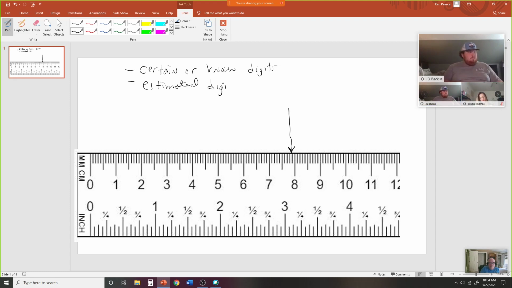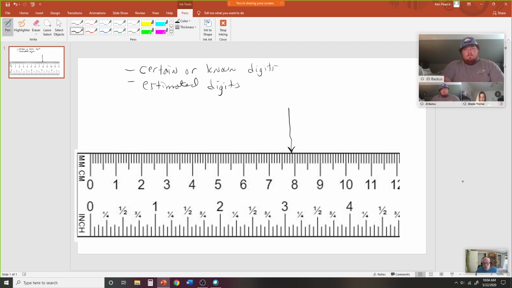The certain digit means everybody in this room agrees. In other words, there's no question that it's a known number, that we know what it is. Estimated means exactly what it sounds like. We're all going to kind of agree, but we're going to be maybe a little bit different from each other as far as the estimated digit.